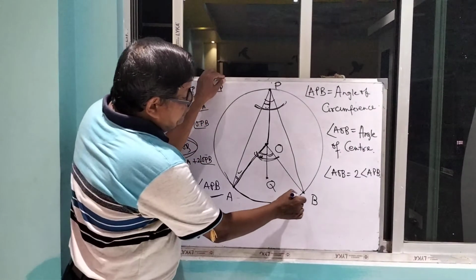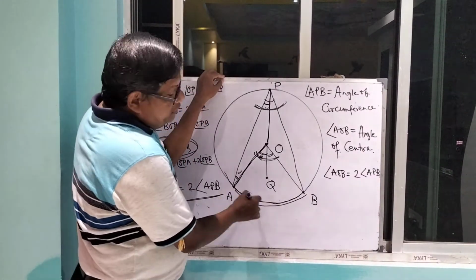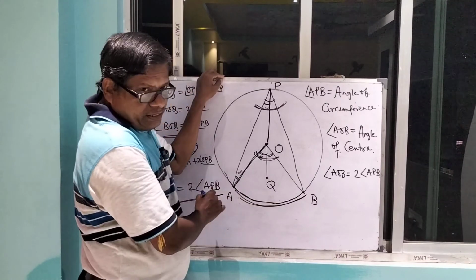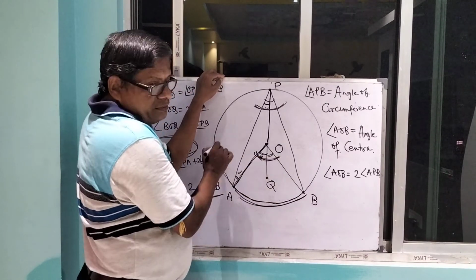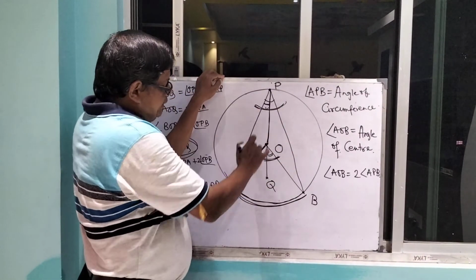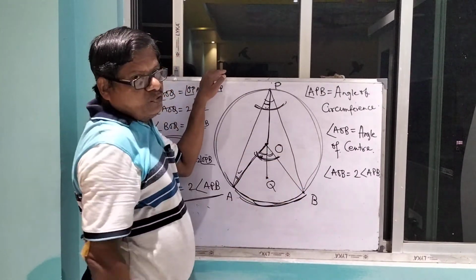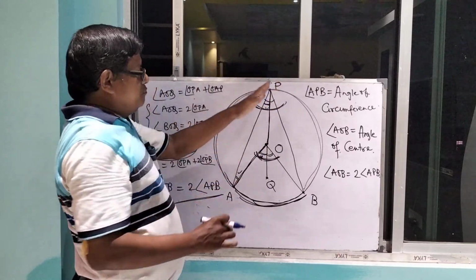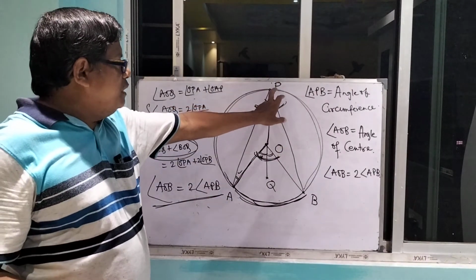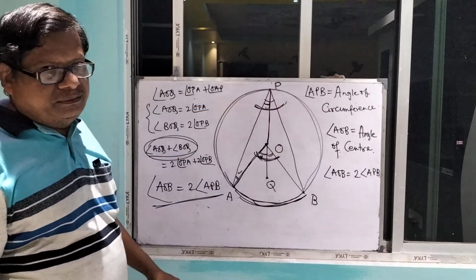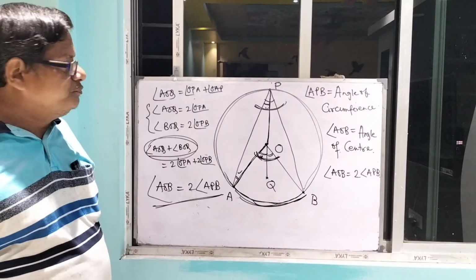For the same arc, these are considered the angle at the center, the opposite side that is the minor arc, and this part is the major arc. On that side will be the angle at the circumference.